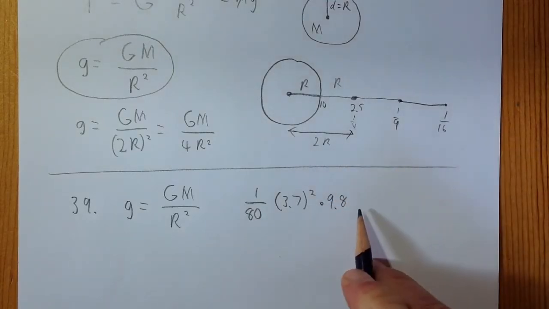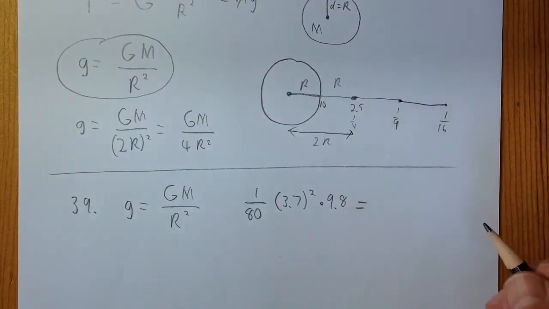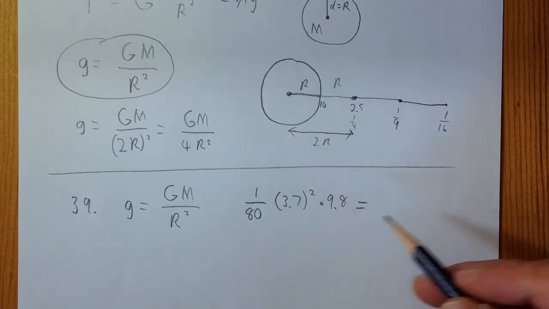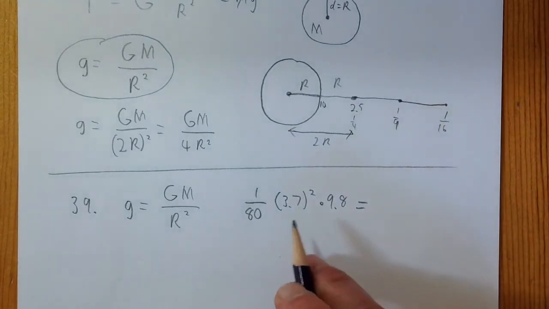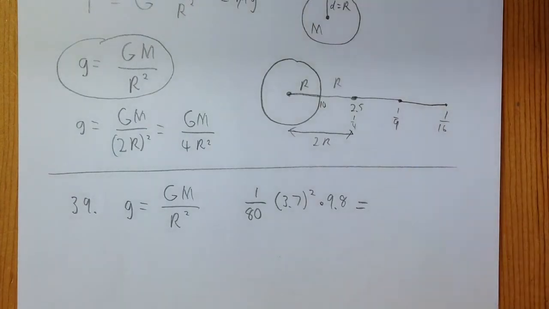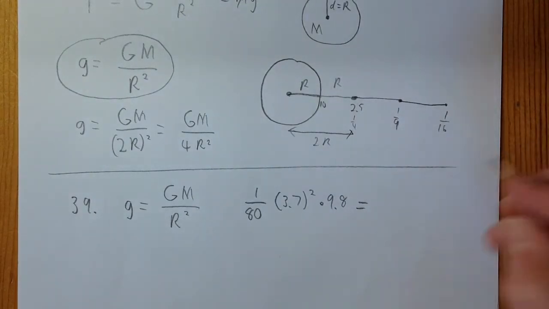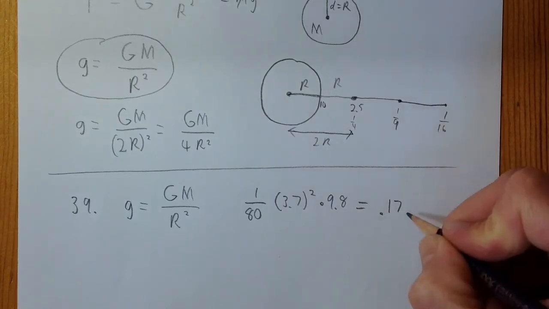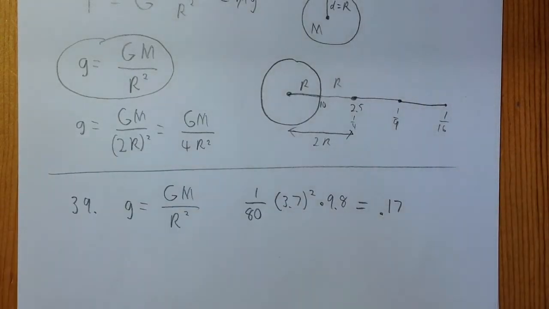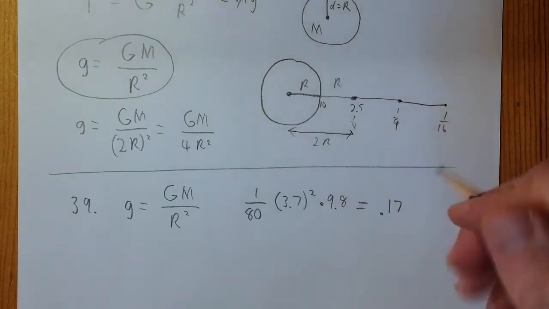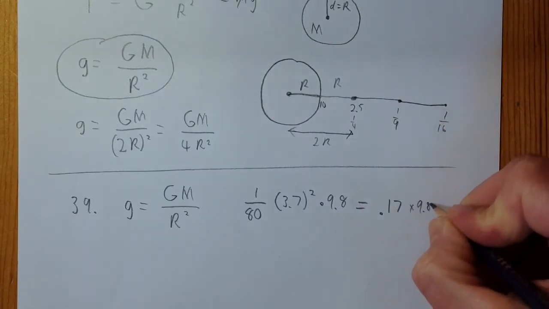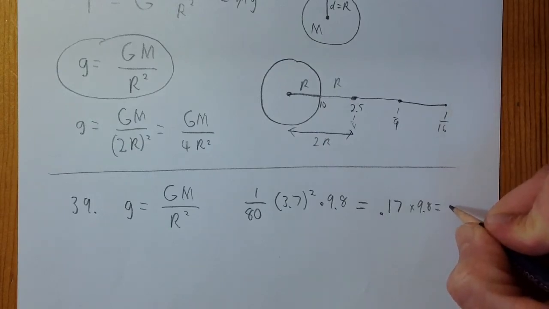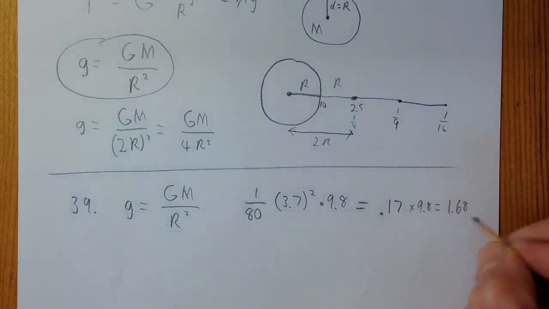So we can just multiply that out. 3.7 squared divided by 80 is 0.17, which is about 1/6. So 0.17 times 9.8 is about 1.68 meters per second squared.